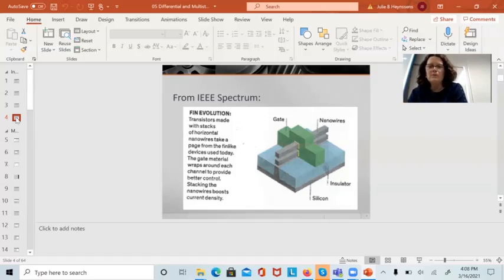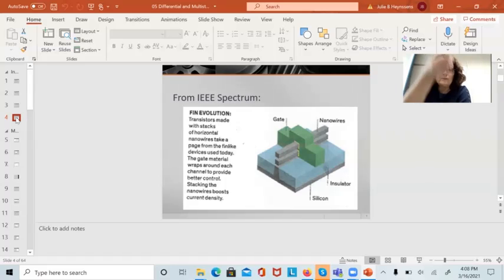But it's true with the planar transistors, the devices we've been studying, the equations are still the same. The models inside of SPICE are still the same. The small signal model still looks the same. They're still valid for the way people build transistors now.